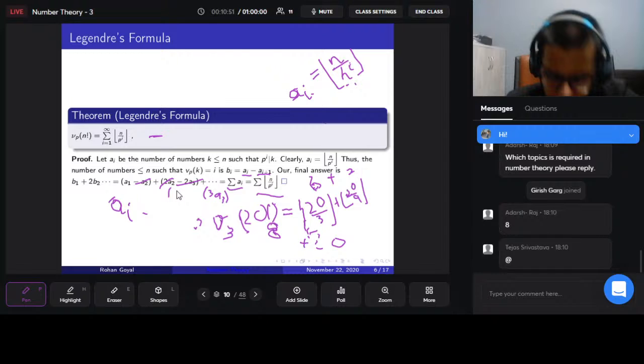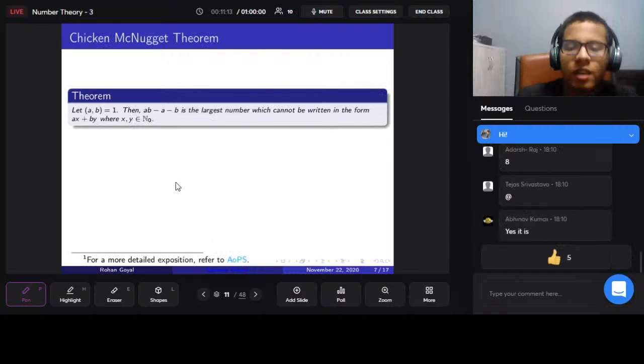Okay, great. So now moving on, we have a second theorem for today, which is the chicken McNugget theorem. It's also called the Frobenius coin problem, but chicken McNugget theorem sounds nicer. So we again have two numbers, A and B, such that their GCD is 1.